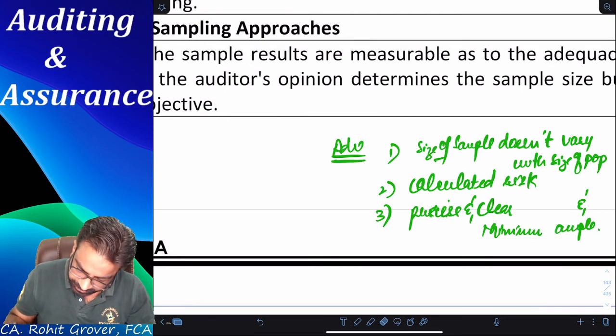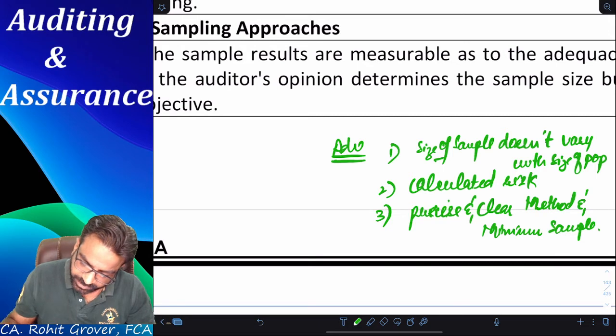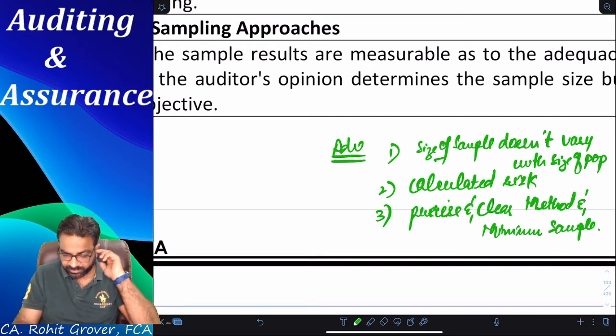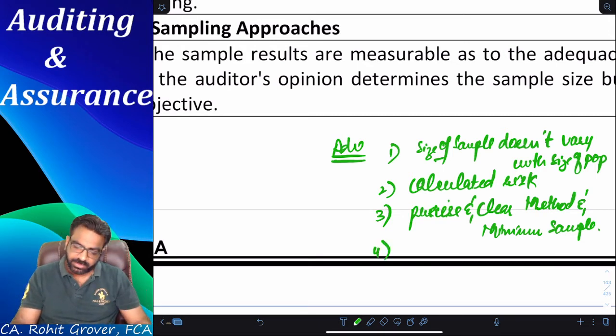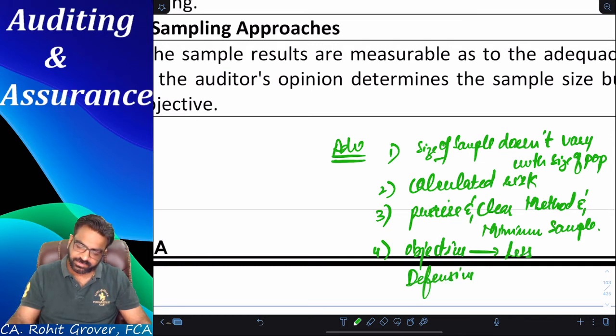Precise and clear method. Minimum sample is involved, point number 5. Point number 4, objective, less, and defensive, more.